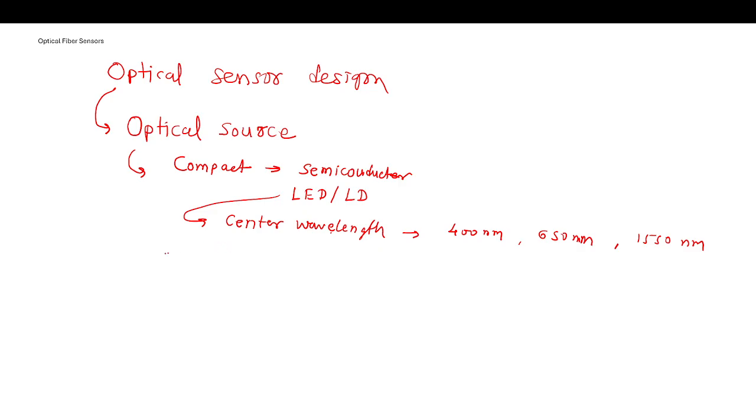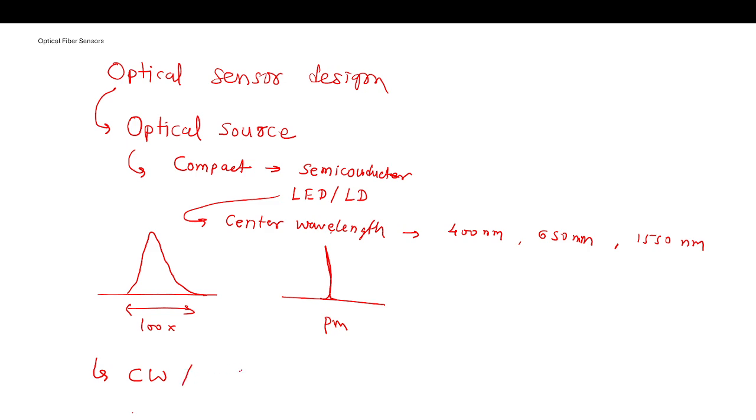For a few sensing applications we need a large spectral width, and for a few it should be very sharp, from a few nanometers, a few hundred nanometers, to picometers also. Then you need one more feature: either the sensing is capable with CW, or you need to use a pulse laser.